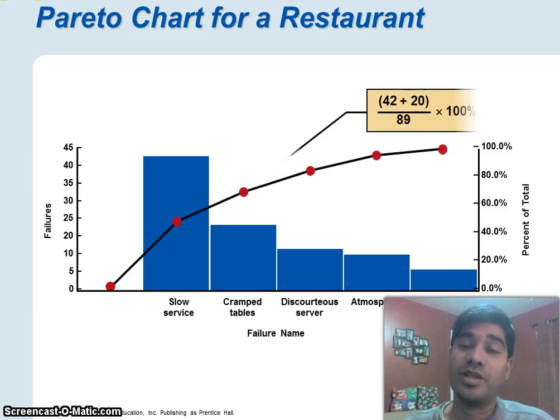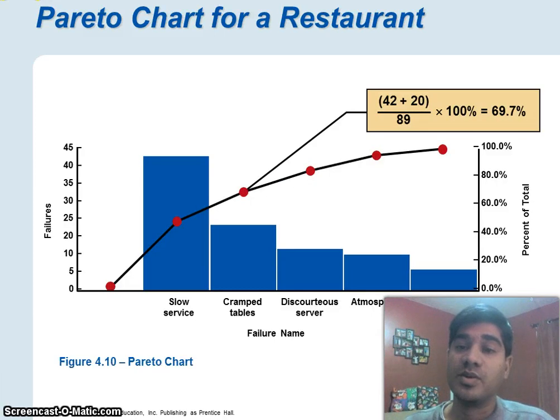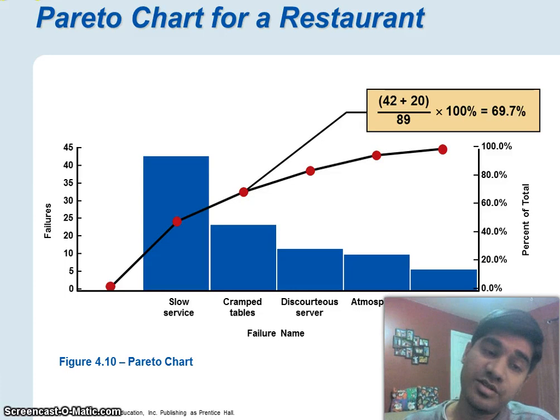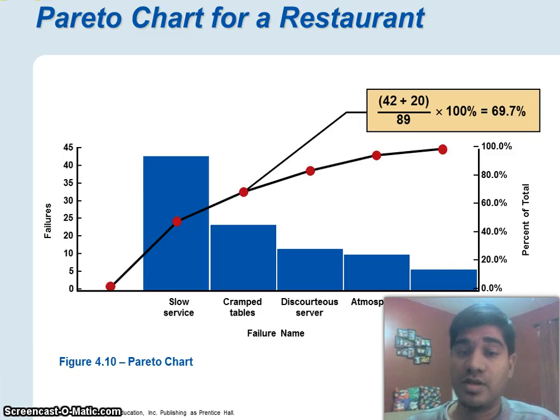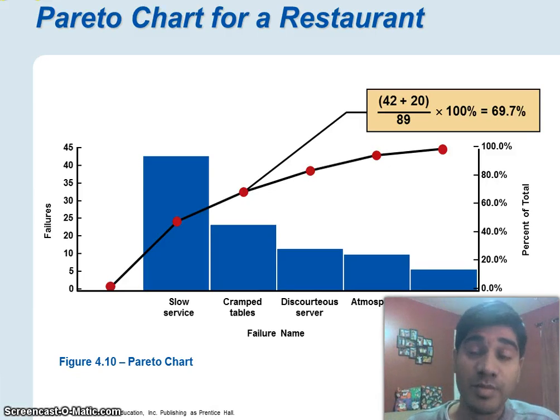And this is your cumulative frequency, which was taken by taking the total of previous values, which is slow service, plus adding the cramped tables, and then giving a Pareto chart. So that's how a Pareto chart is constructed, by taking the highest problem areas to the lowest, and that shows right away which are the problem areas that need to be addressed.